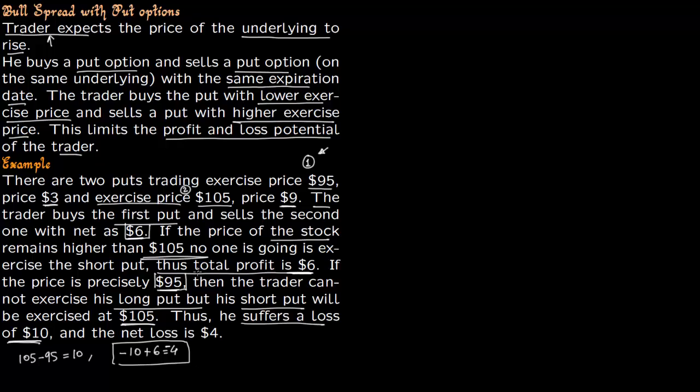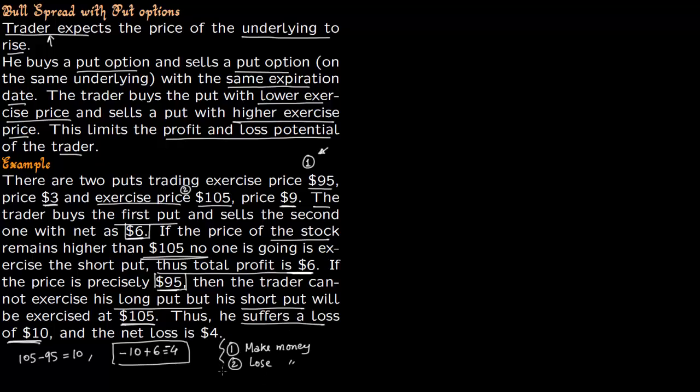Now what if the price falls even below 95? If the price falls below 95, then the long put, that is put 1, will make money. But the other put, the short put at 105, will lose money for the trader, because if the stock price is below 95, the person who has the put at $105 will exercise it.